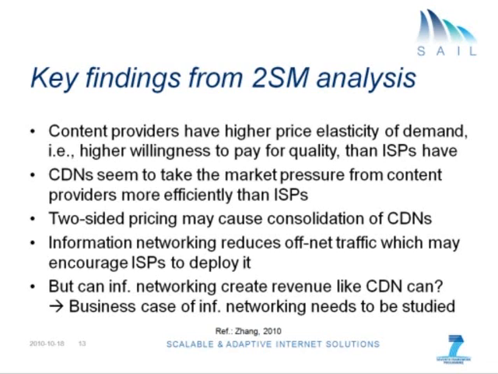Then information networking reduces off-net traffic compared especially to the basic client-server model, which may encourage ISPs to deploy it. But the interesting question is: can information networking create revenue like CDN can?